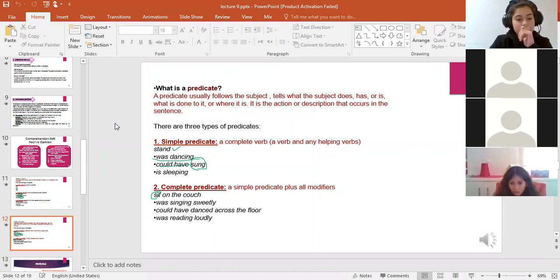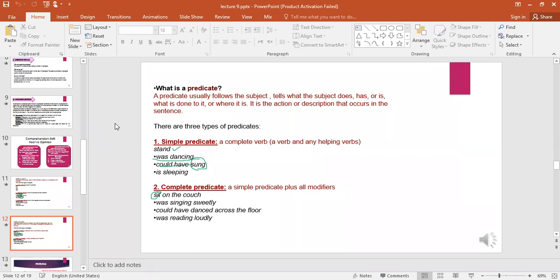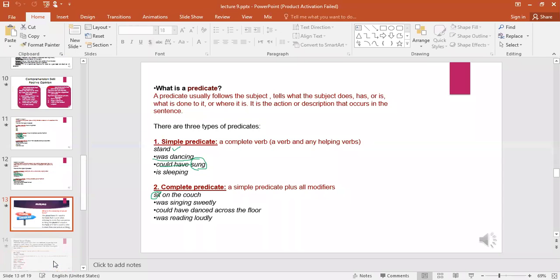So you can do more than one action and connect them using commas or using conjunctions, okay? So for example, I can say she is drinking juice and reading a newspaper. So she is doing two actions. I joined them by and. Okay.